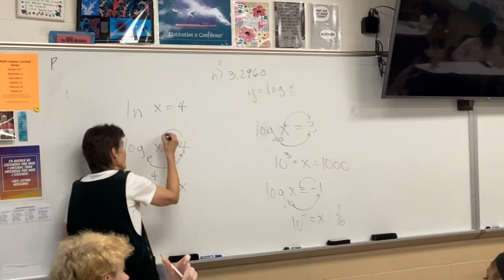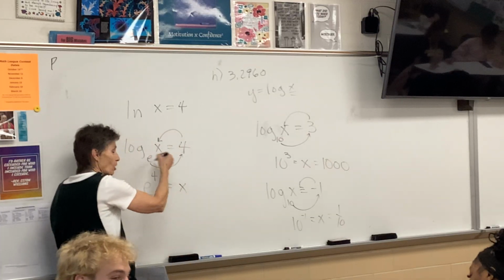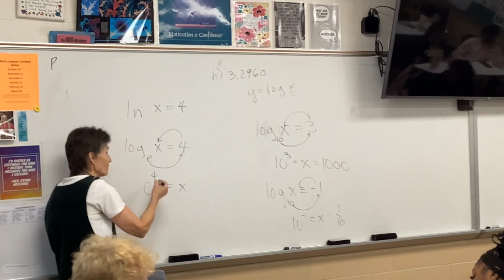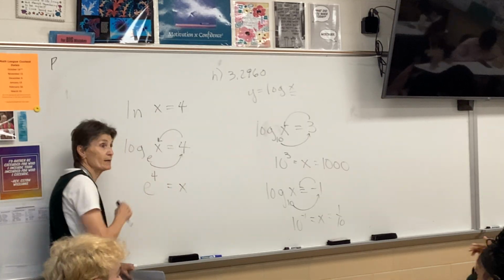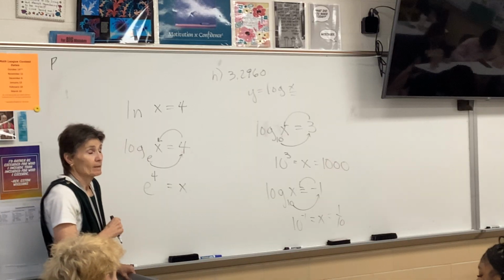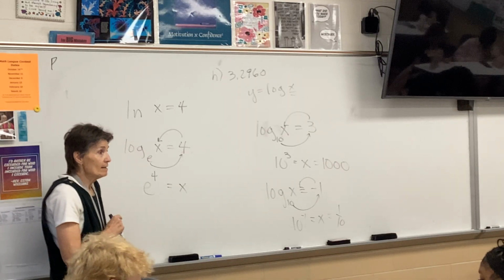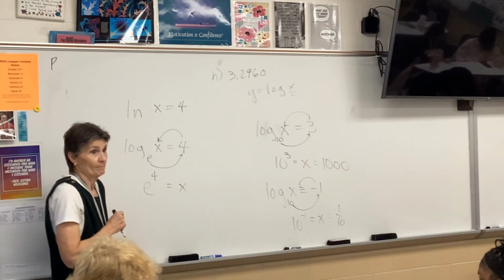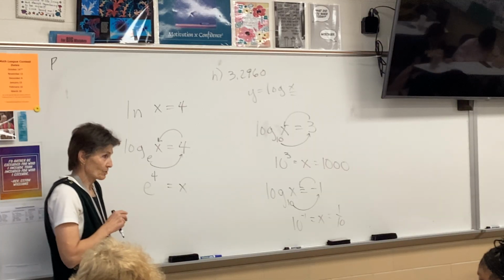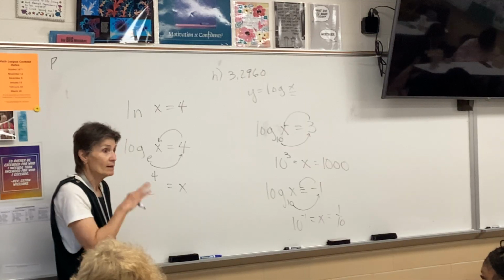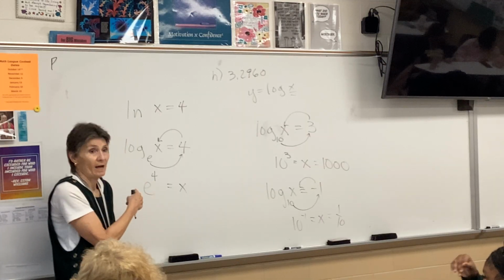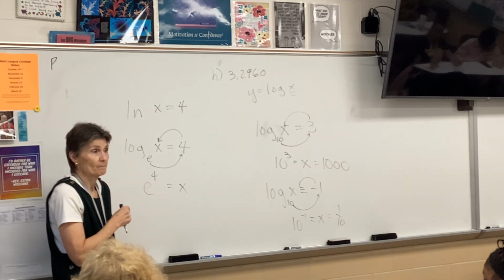This is so important, this ability to take a logarithm and write it without a logarithm. e to the 4th equals x, and that's your answer. e is like pi. We just leave it in our answer. Remember in geometry how you said the area was 25 pi, and that was fine? It's fine to leave e to the 4th.